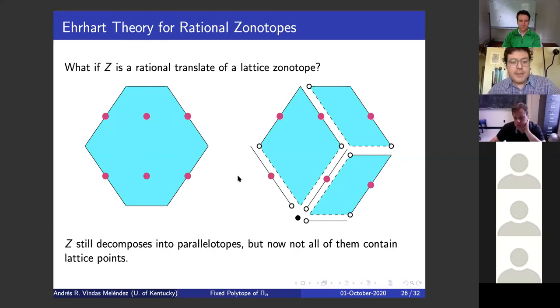And so if we decompose it, we can still decompose it into half-open parallelotopes, but now some of those parallelotopes no longer contain lattice points. For example, this one doesn't contain one, and this darkened point is actually supposed to be this vertex, which is not a lattice point, which I didn't color purple, okay?